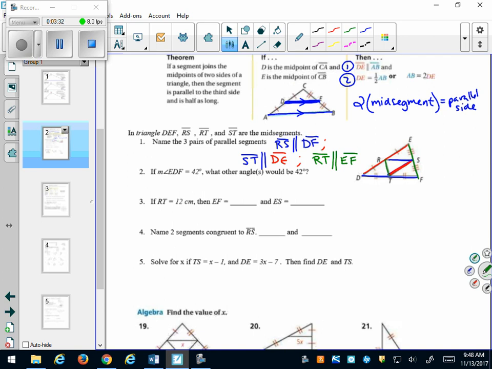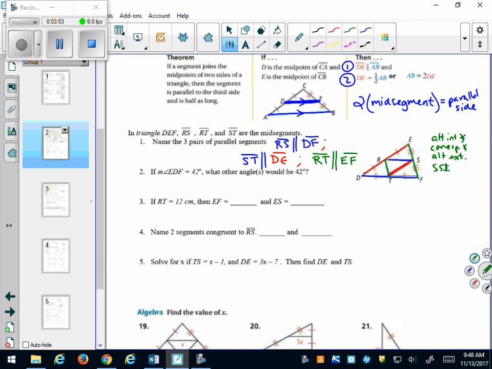Okay, so all of those parallel relationships then help us with some angles. Remember, when we have parallel lines, we can think of alternate interior angles, corresponding angles, alternate exterior angles, and same side interior angles, right?